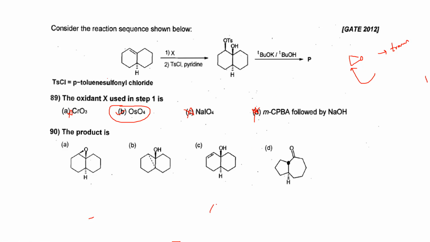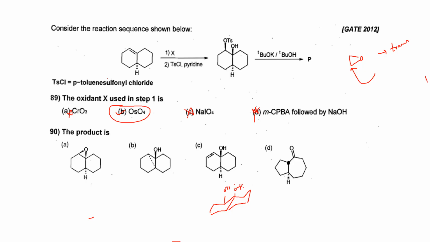If you draw it in a chair form, this is OTs, and this is our OH.